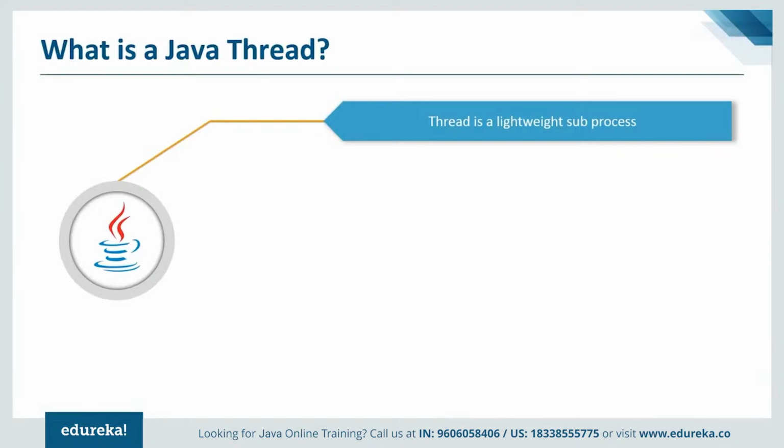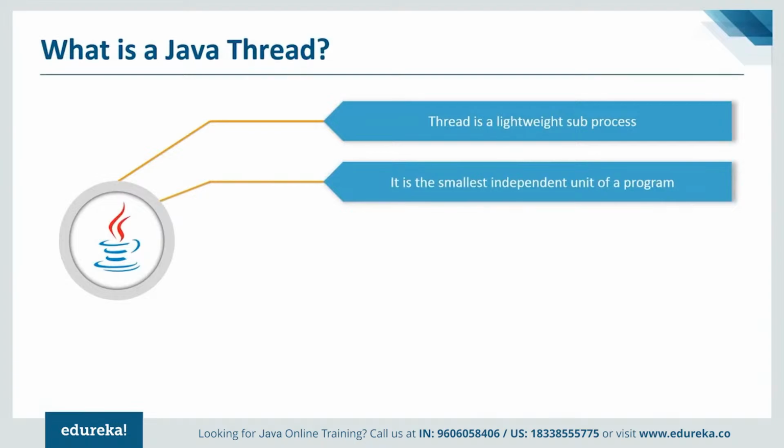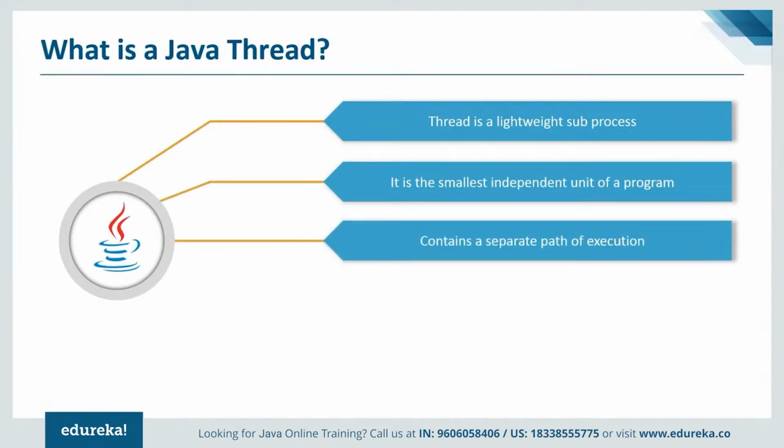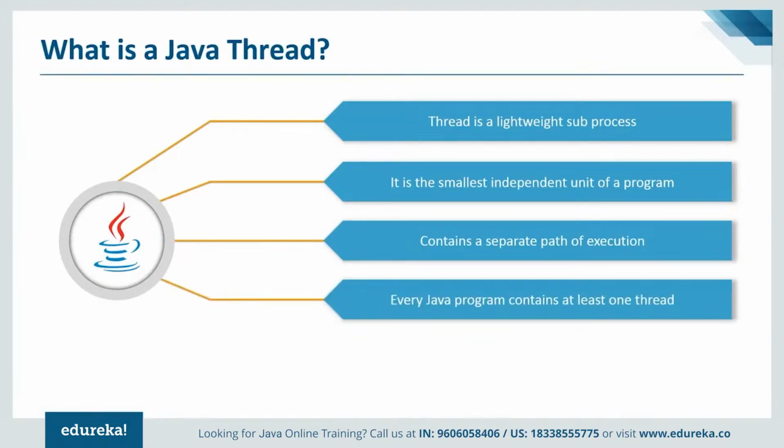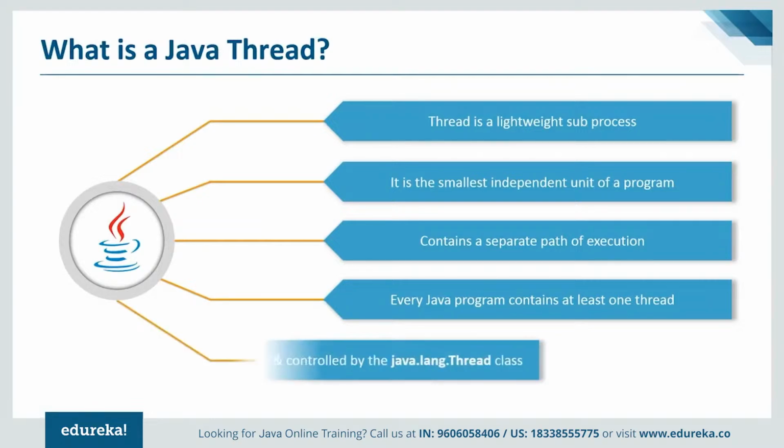A process would be created and each and every process will have a main thread. A thread is a lightweight sub-process, the smallest independent unit of a program. It contains a separate path of execution, and every Java program will have at least one thread, known as the main thread.